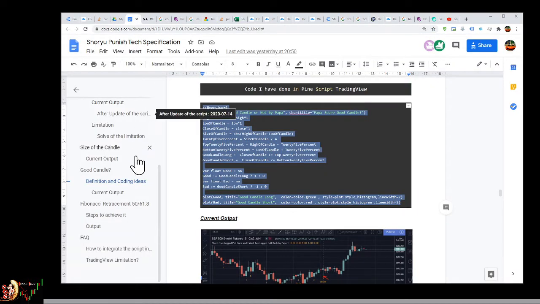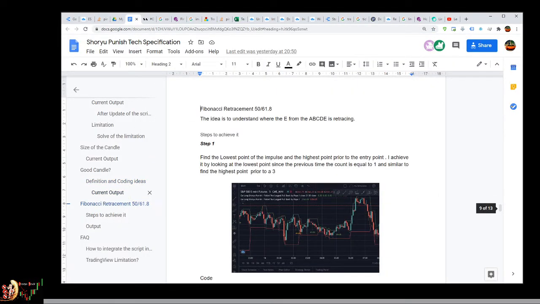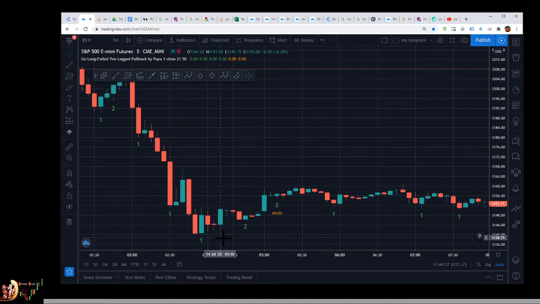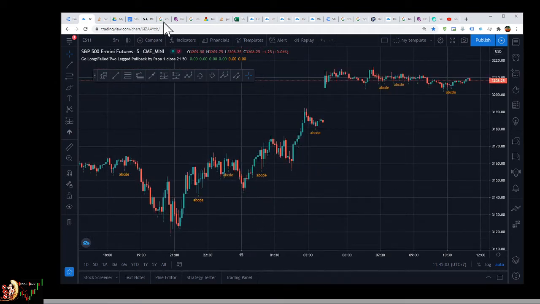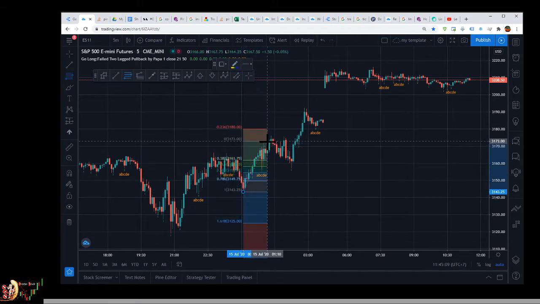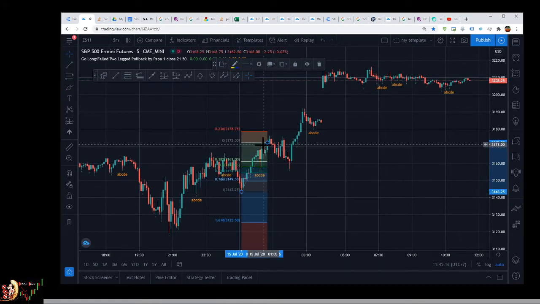And now I'm working on the Fibonacci retracement. What does Fibonacci retracement mean? Let's say I reset my chart. What I need to do for the Fib is consider the point 1, the lowest point over here, to the highest point over here, just before the trade.